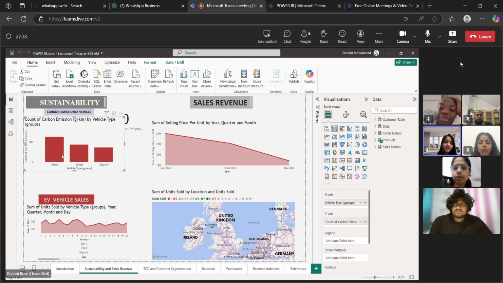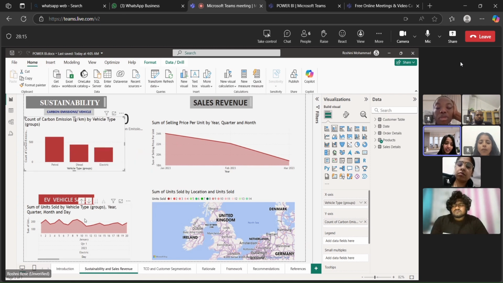In the x-axis I'm taking vehicle type groups, and in the y-axis I have taken the count of carbon emissions. Comparing the CO2 emissions across petrol, diesel, and electric provides a tangible metric for environmental impact. By comparing all these vehicles, the electric vehicle is emitting fewer emissions compared to petrol and diesel.